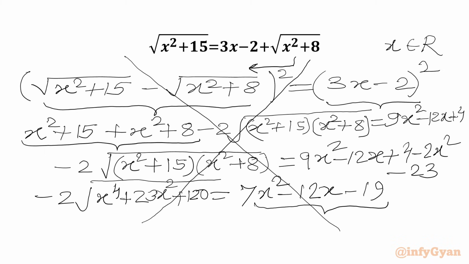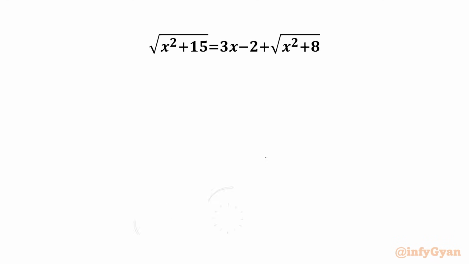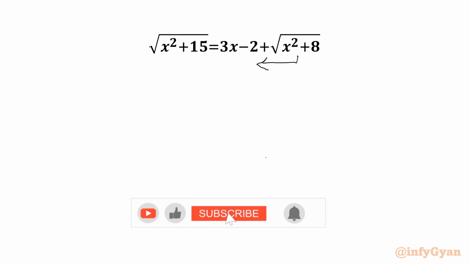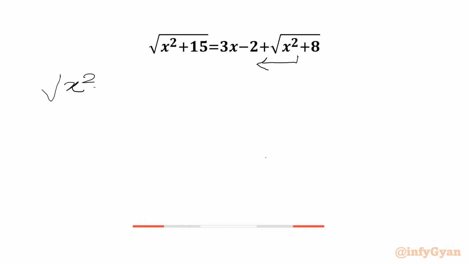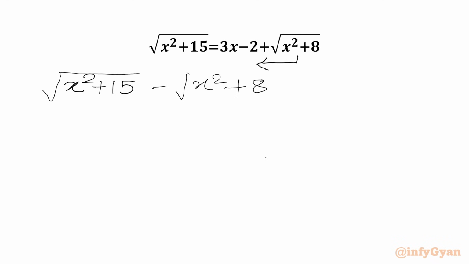What we will do here, we'll take this term to the LHS first. So we'll write square root of x square plus 15 on the left hand side. Then we'll write the second square root term with a negative sign, minus square root of x square plus 8, will be equal to 3x minus 2.